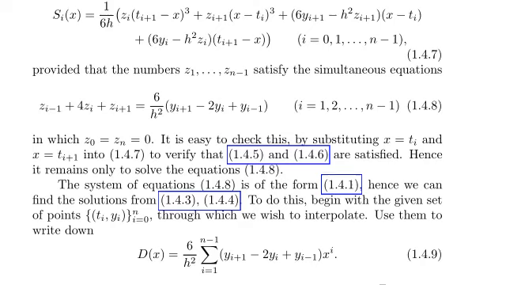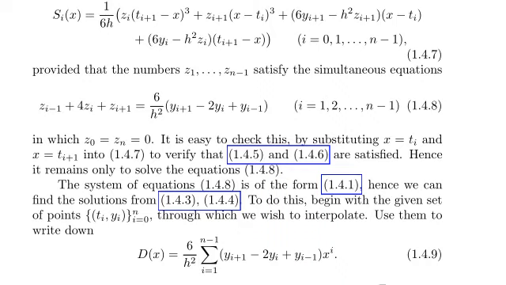In which case z0 equals zn, which is 0. So they say it is easy to check this by substituting x equals t_i and x equals t_{i+1} into the equation to verify that they're equal to the right values at t_i and t_{i+1}.